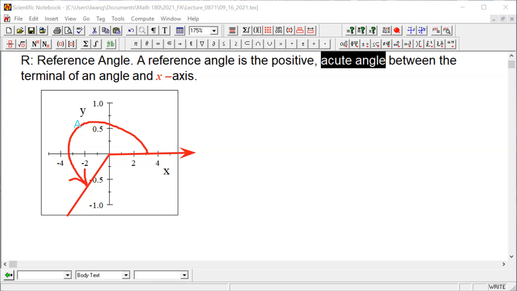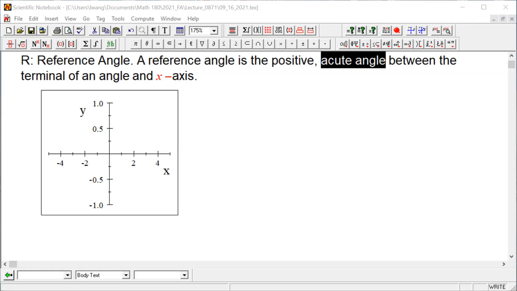Where would it be? It should be this piece, right? You follow me? Positive acute angle between terminal and x-axis. Does everybody get it? And reference angle is super duper important. Okay. Now, last case.